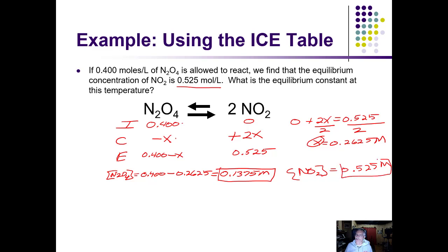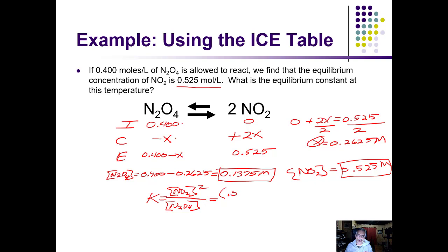So I can simply solve for K now, which was what was asked for in the problem, remembering this is going to be NO2 to the second power divided by N2O4. And so all I have to do is plug my values in.